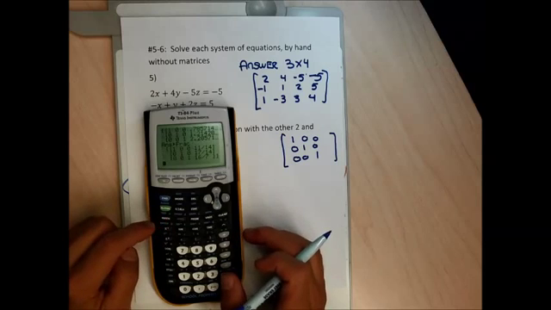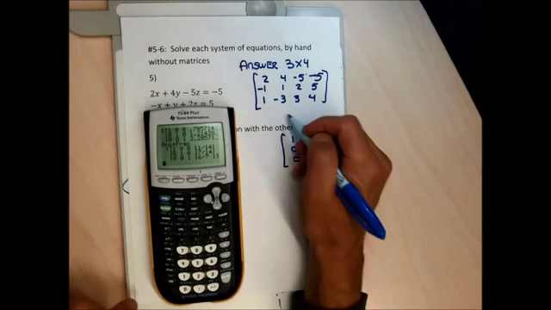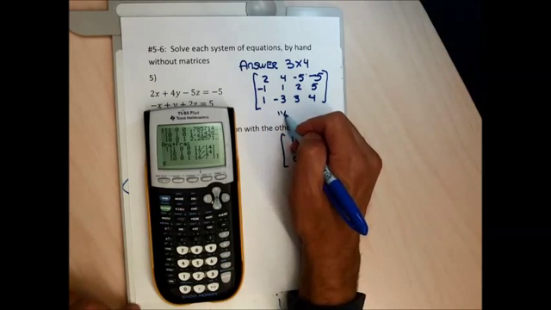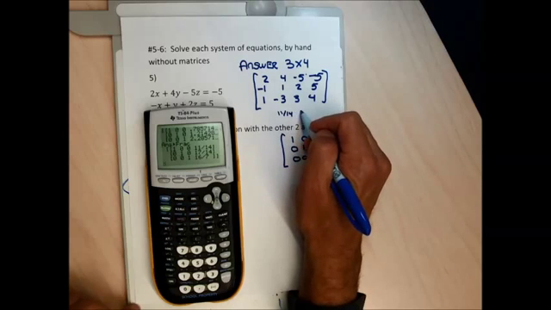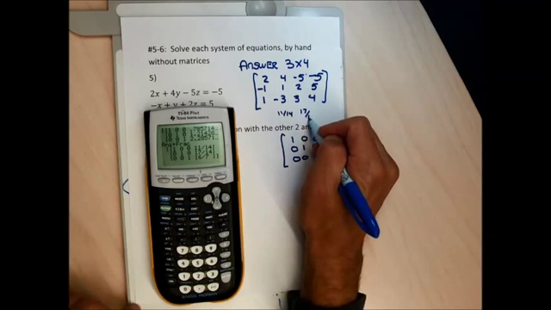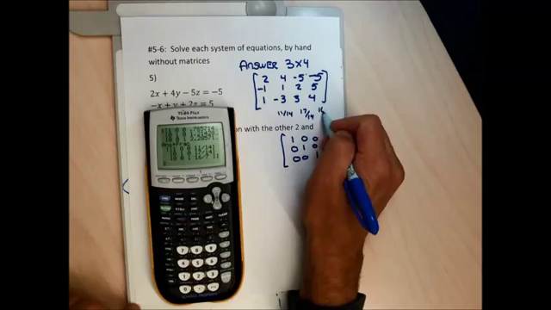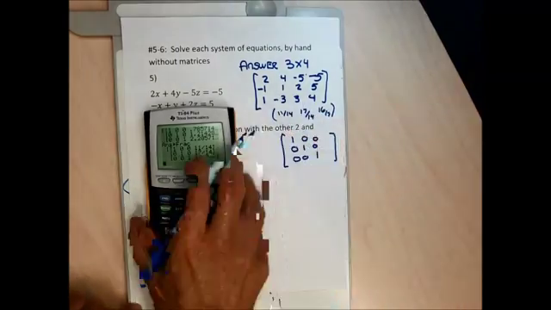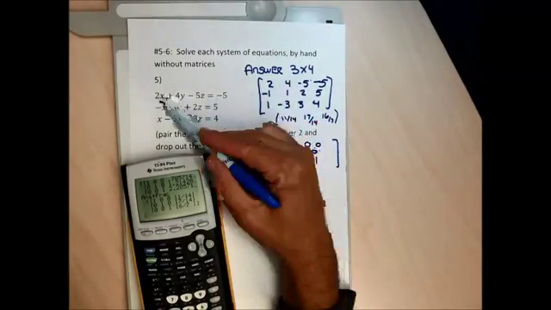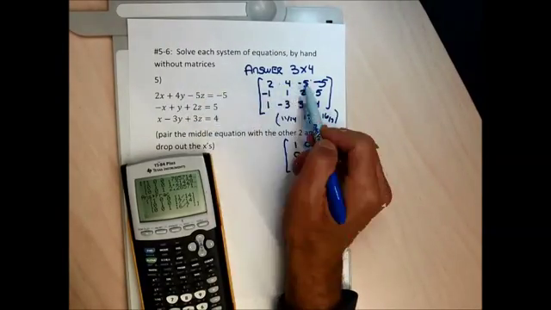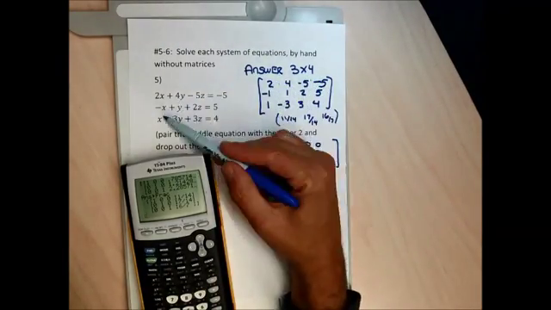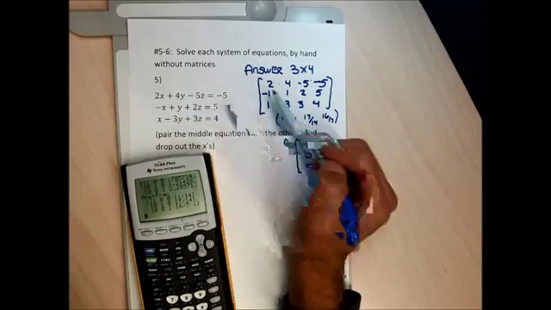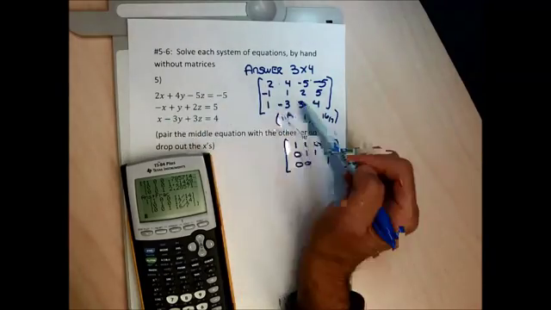Math, enter, enter. Let me just write these numbers down temporarily because I may have entered something wrong on my calculator. I'm surprised to see those as the answer. So let me double check this. 2, 4, negative 5, negative 5, negative 1, 1, 2, 5, 1, negative 3, 3, 4.